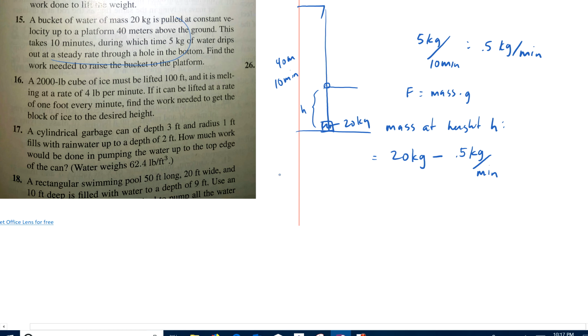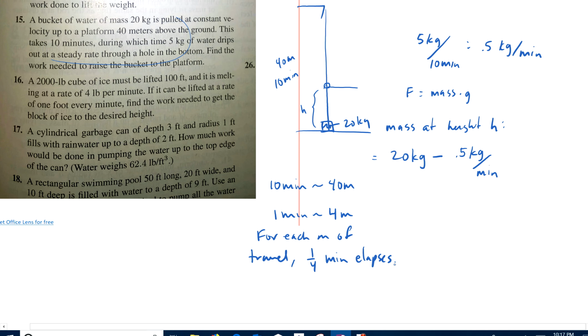Well, I know this. I know that 10 minutes is equivalent to 40 meters. So that would be 1 minute, approximately 4 meters, or for each meter of travel, 1/4 of a minute elapses.